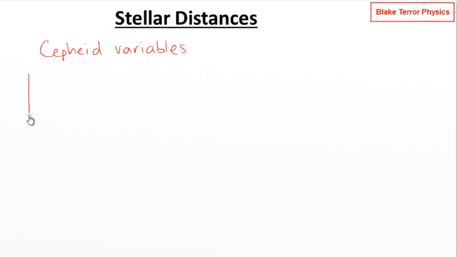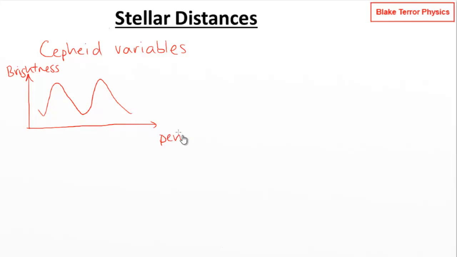There was a lady in the early 20th century, Henrietta Leavitt, I'm not too sure how to pronounce her surname, and she was observing a particular star that had this periodic change in its brightness. It was going up and down like this, where you've got your brightness on the y-axis, and then the period of variation, so time on the x-axis.